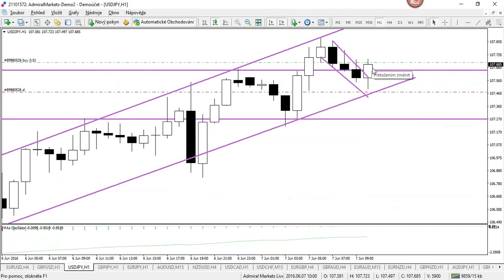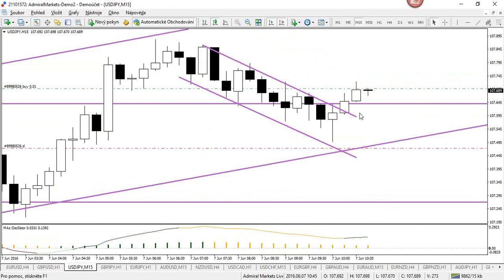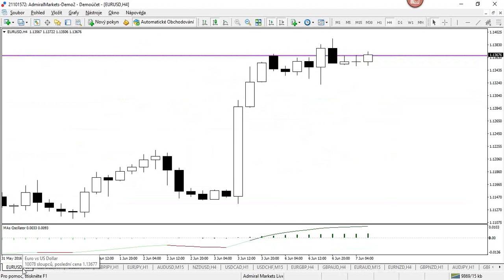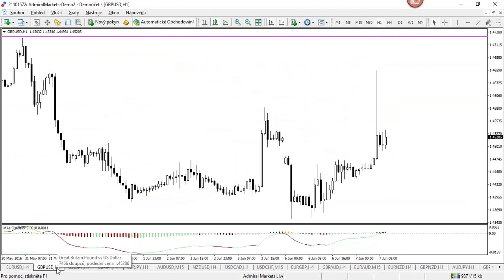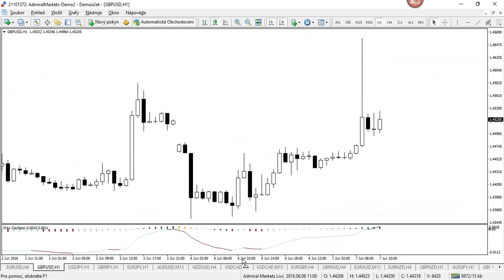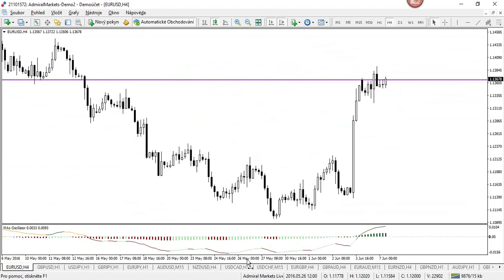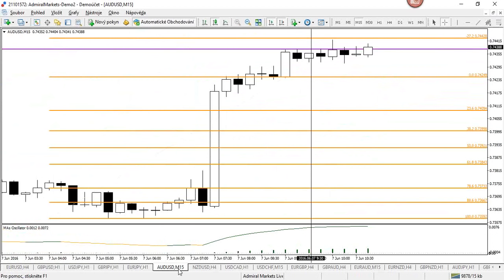This one is not really completed as yet, but on the hourly, at least the 50-minute, it was, but probably hourly is a bit better in this case. All right, Aussie's moving up again already.